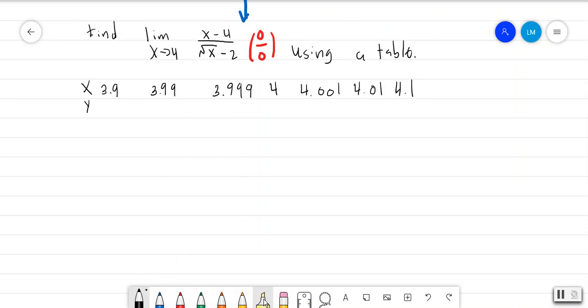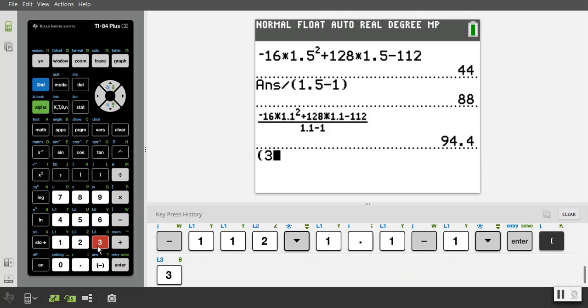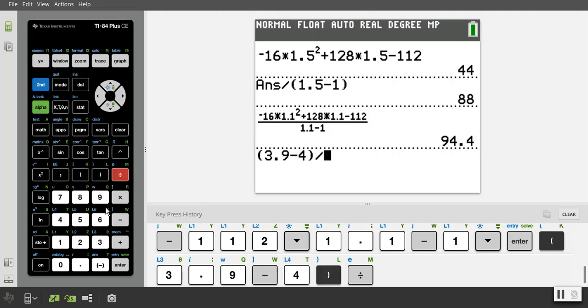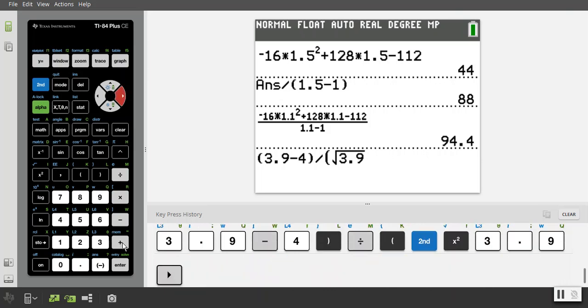If we plug in 3.9 minus 4, and divide this by the square root of 3.9, subtract 2, and then we just hit enter.